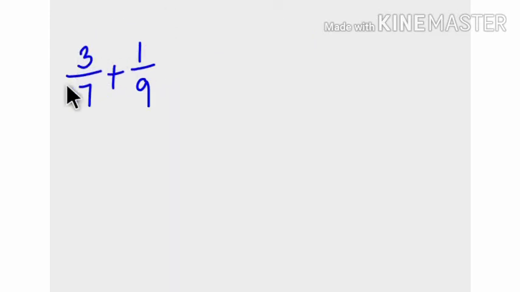Firstly, let us learn to add these two fractions: 3 by 7 plus 1 by 9. Here 3 is the numerator of the first fraction, 7 is the denominator of the first fraction, 1 is the numerator of the second fraction and 9 is the denominator of the second fraction.